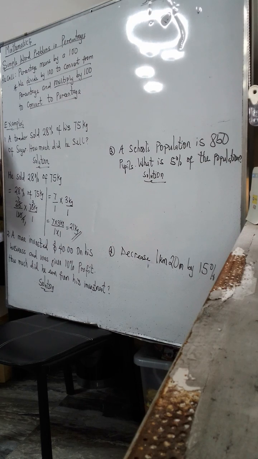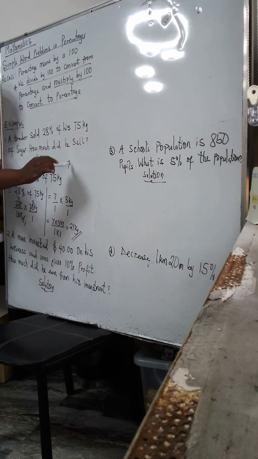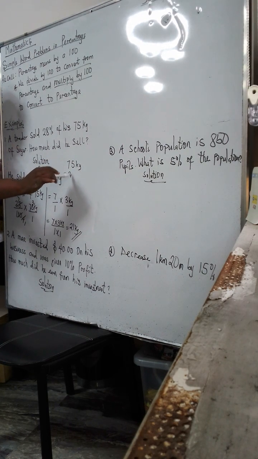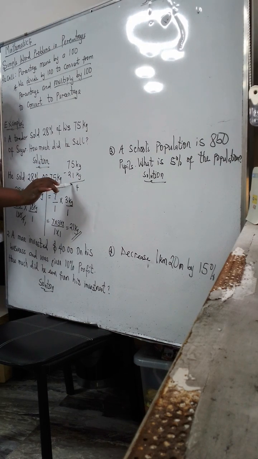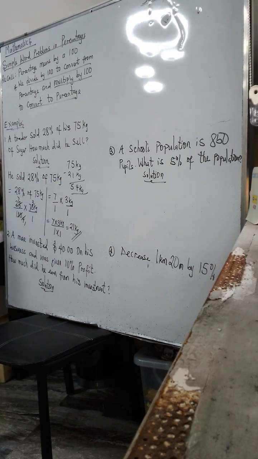So if he sold 21 kg, how many is he left with? In case we have a question like that. Okay, he was able to sell 21 kg, so he will be left with 75 kg minus 21 kg, right? This is 4 and this is 5. So the trader is left with 54 kg of sugar. He was able to sell 21 kg of this sugar.